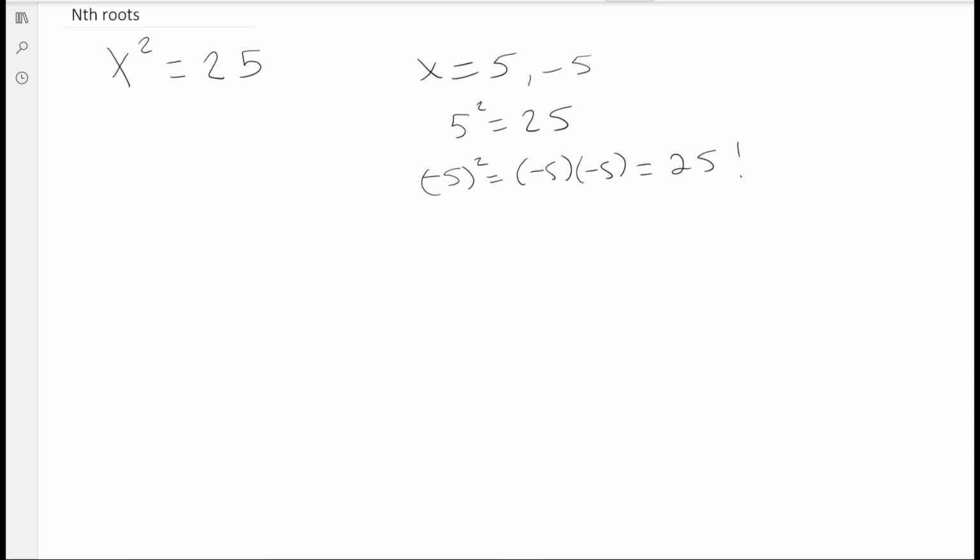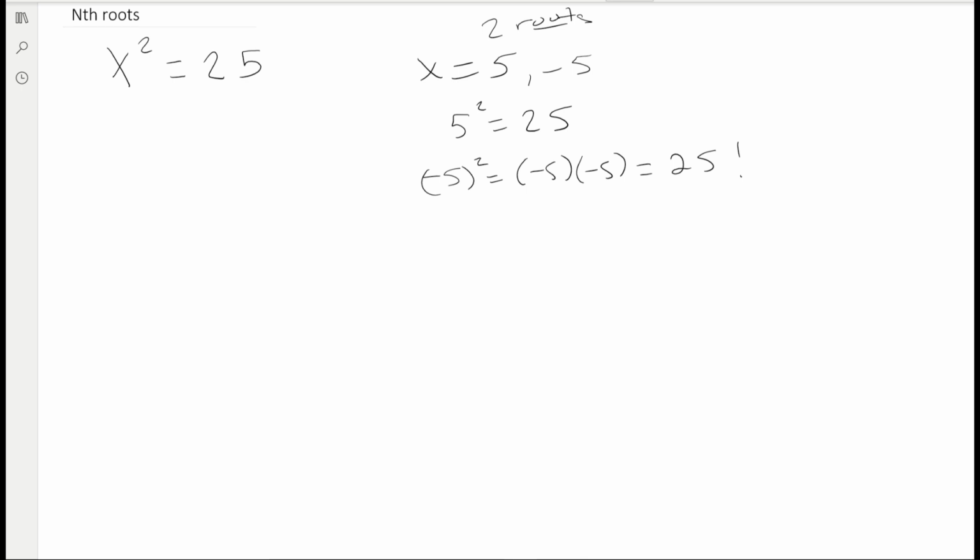So this solution has two roots, 5 and negative 5. These are my two real roots. These are called square roots in this case because it's based off of a square equation.